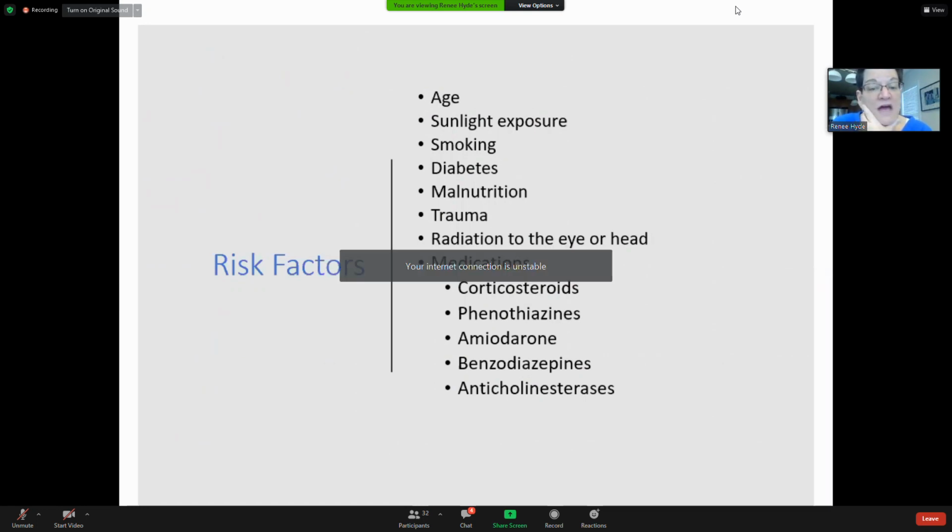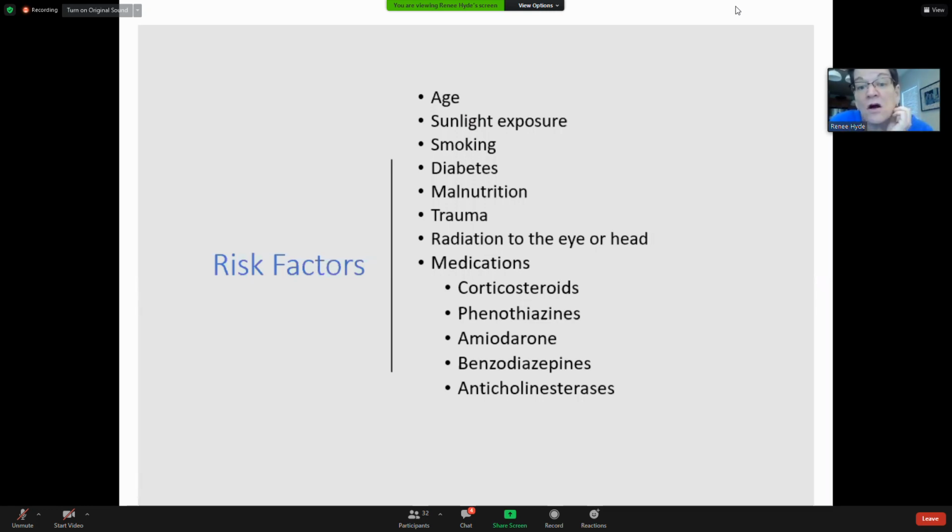Now, benzodiazepines, those are your Valiums and your Klonopins and your Ativans. Now, we're not talking occasional use here. We're talking about a prescription for that.